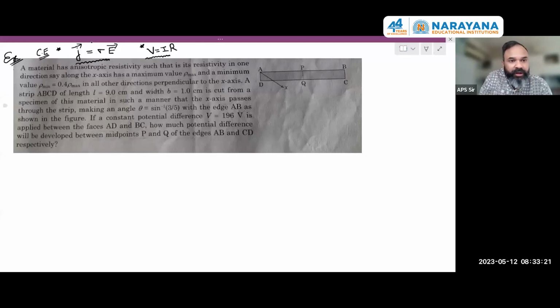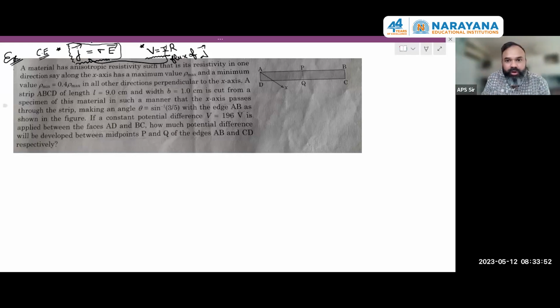So technically speaking, when we talk about Ohm's law, we say that at any given point, if you take a differential area, the current density there is the conductivity into the field present at that point. And I have clarified that I look at I as the flux of J, the flux of current density, and current density is proportional to E. So these things were there in my mind.